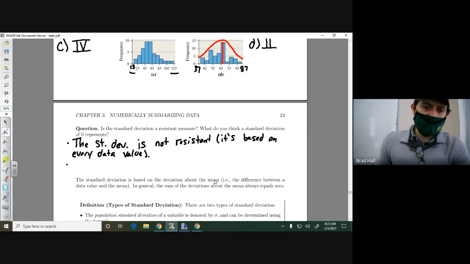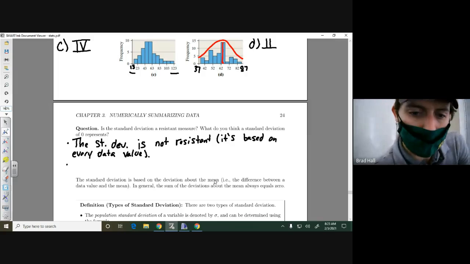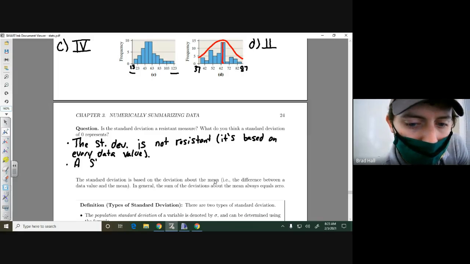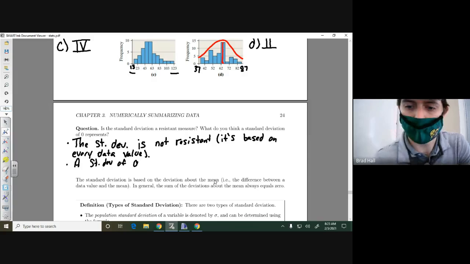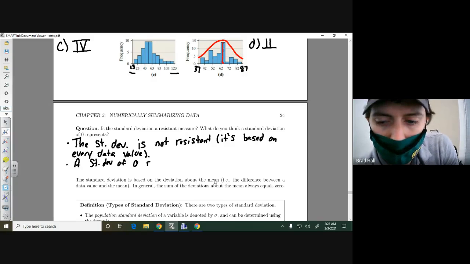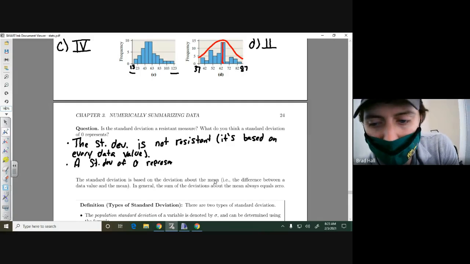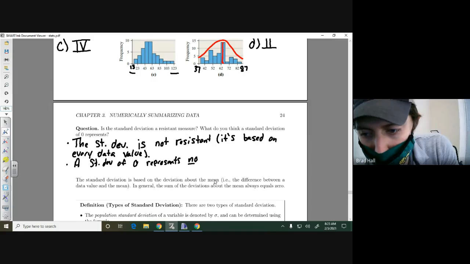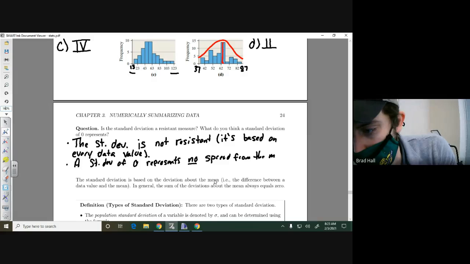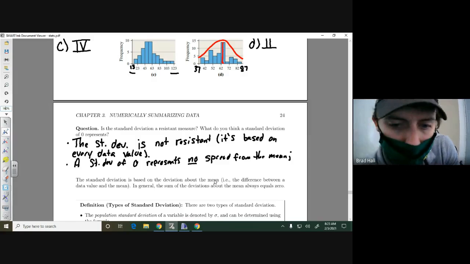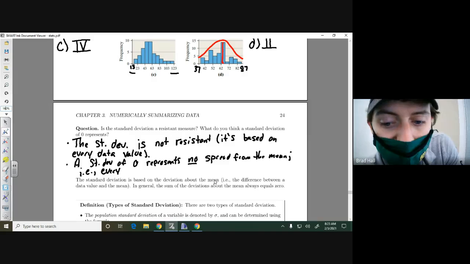So that's what a standard deviation of 0 represents: no spread from the mean, i.e., every data point is the mean.